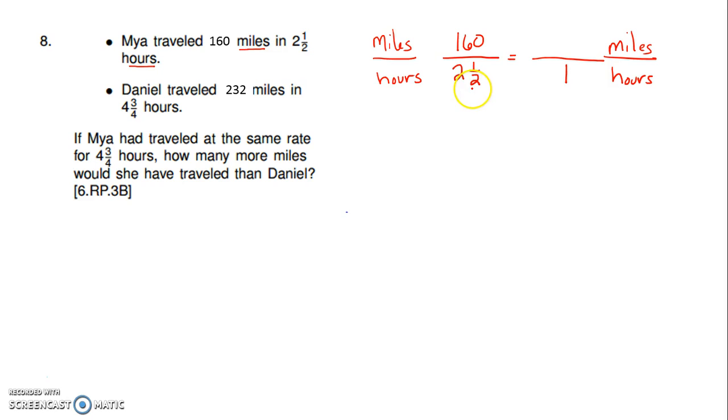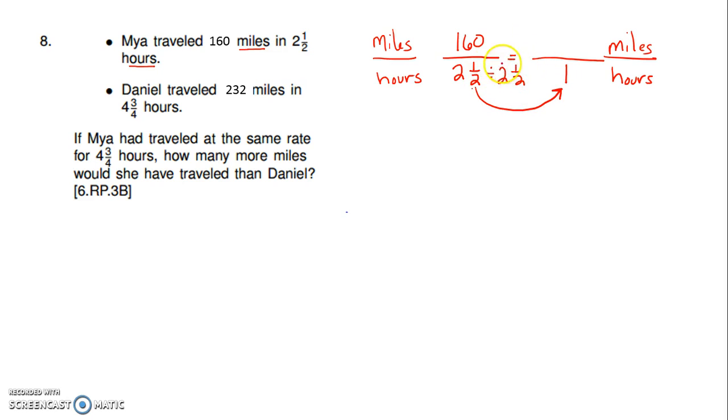With my equivalent ratios, 160 miles in 2.5 hours, how many miles in 1 hour? Well, I know something about my denominators. I have to figure out how to get from 2.5 to 1 by multiplying or dividing. I could divide my denominator by 2.5 because 2.5 divided by 2.5 is 1.